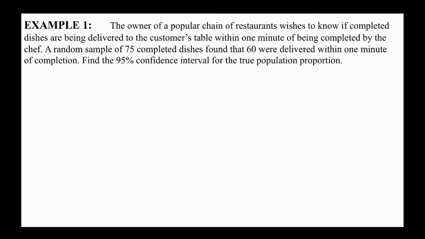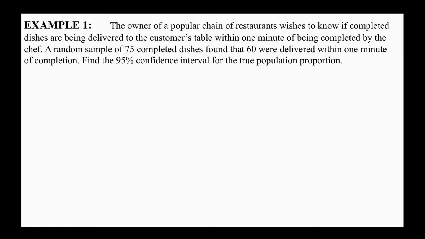Okay, so the owner of a popular chain of restaurants wishes to know if completed dishes are being delivered to the customer's table within 1 minute of being completed by the chef. They want to know if the food is getting to the customer fast while it's still warm. It's important to them. They don't want food getting to the customer when it's cold.